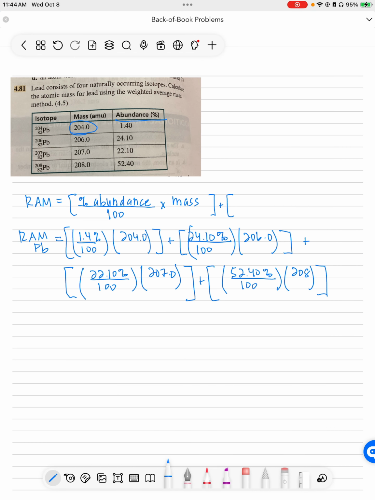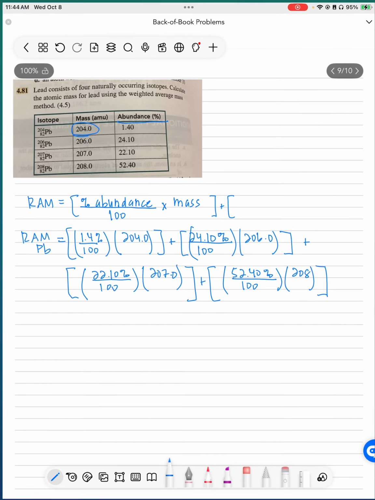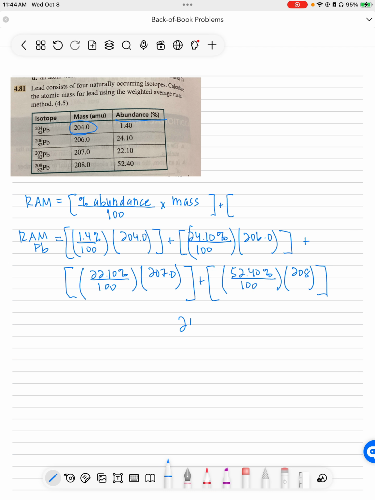Okay, I think I used all the right numbers. Oops, I forgot the number we said. 207.241. 207.241 is our average, our relative average mass for all of those different isotopes for lead.